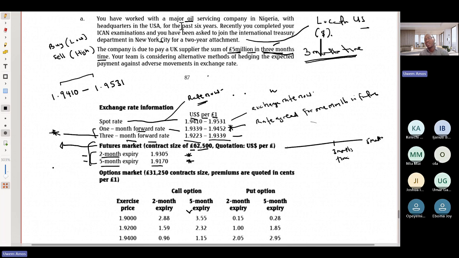So if I have 1.9410 and 1.9531, the low one would be the one that the FX dealer is going to buy FX at if I have FX to sell to them. And the high one would be the one that the FX dealer will sell FX at if I need to buy FX from them.